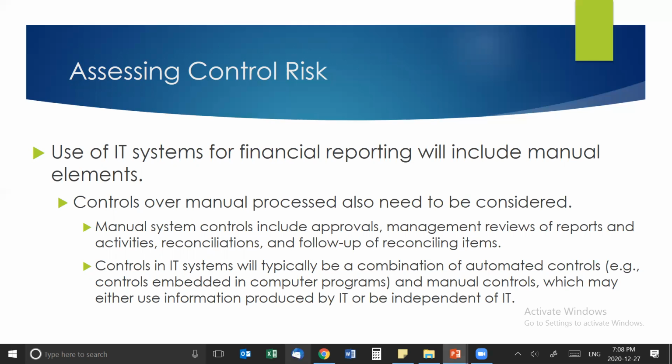Only then can the IT system do its work. Whoever's doing that first step, that's a manual control. So we want to make sure that whatever's being done manually is being done correctly, because that's where errors can happen.